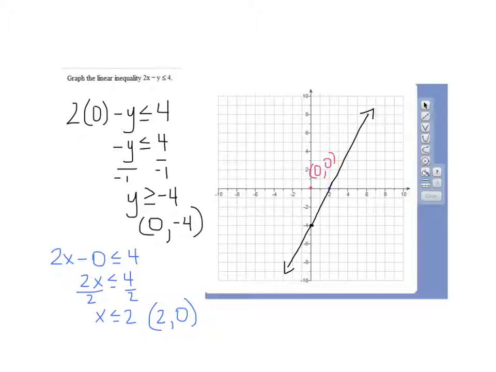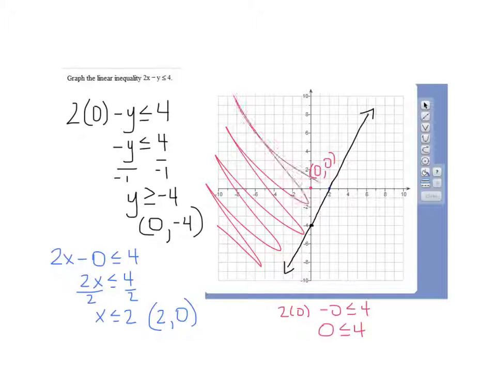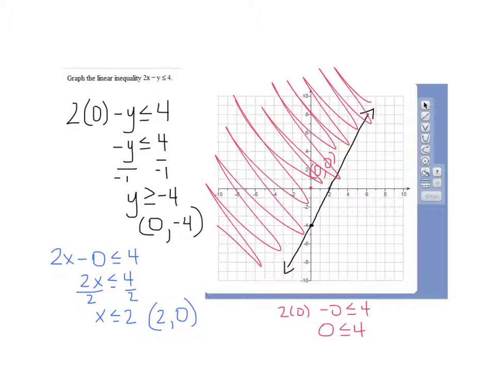So if I do that, I have 2 times 0 minus 0 is less than or equal to 4. So I get 0 is less than or equal to 4. And that is true. 0 is less than 4. So I'm going to shade that side. If it had been false, I would have shaded the other side.